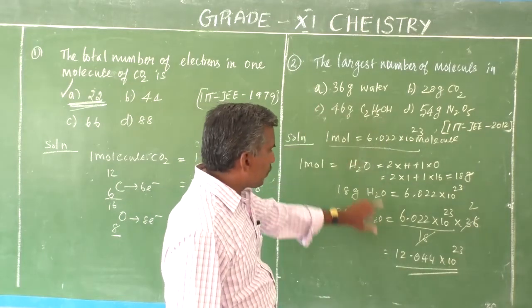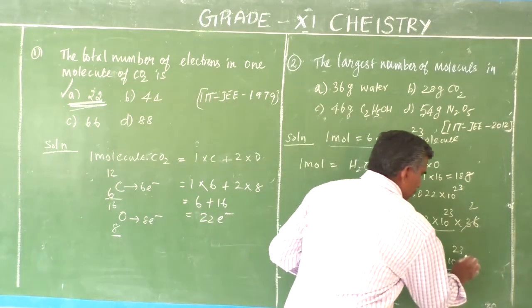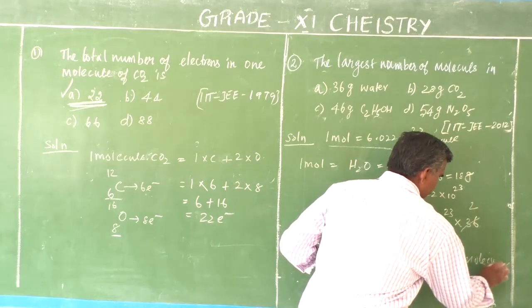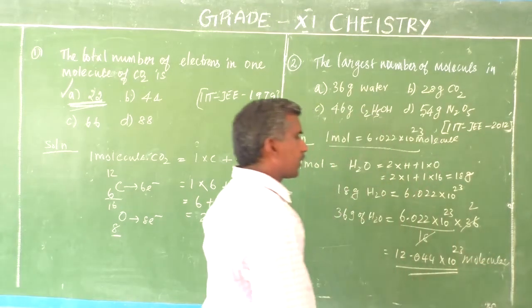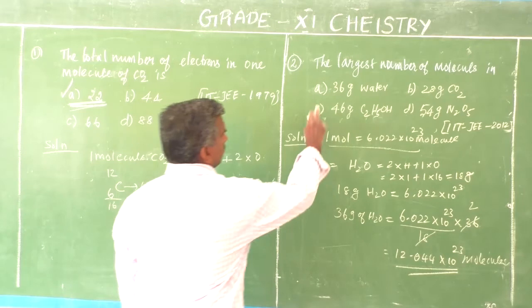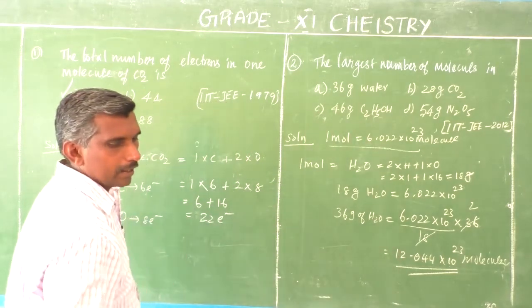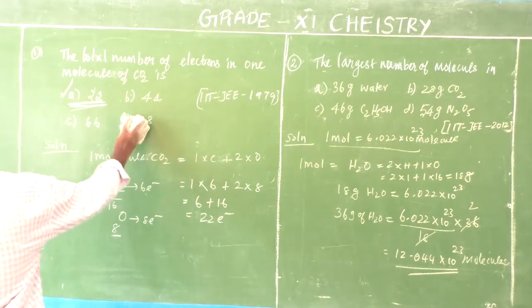Option A has 12.044 times 10 power 23 molecules present.